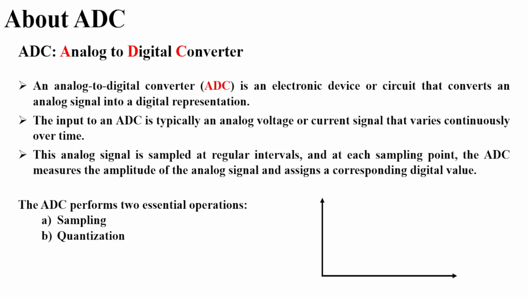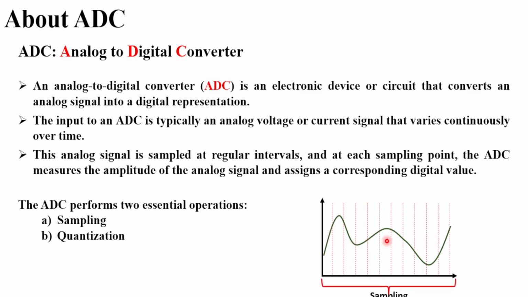If we see in the XY axis, any analog signal, here you can see the signal is varying randomly at every smallest time period. So if we divide these time periods and read the values of the analog signal, then this x-axis divided into small intervals is known as sampling.